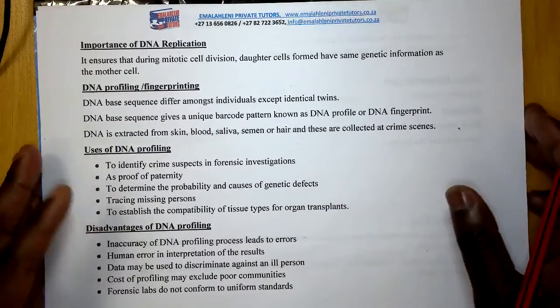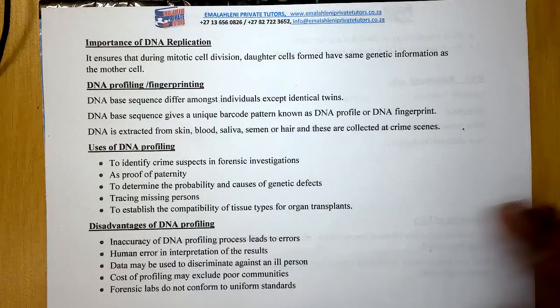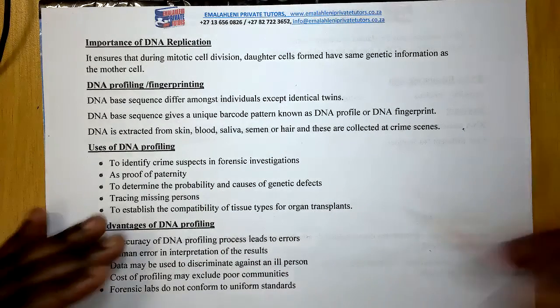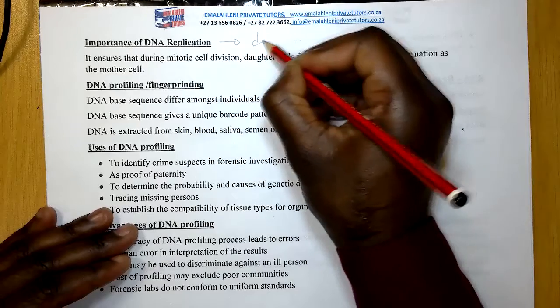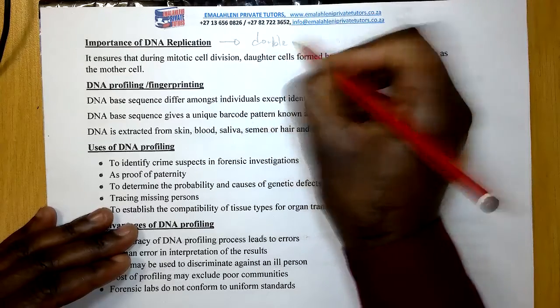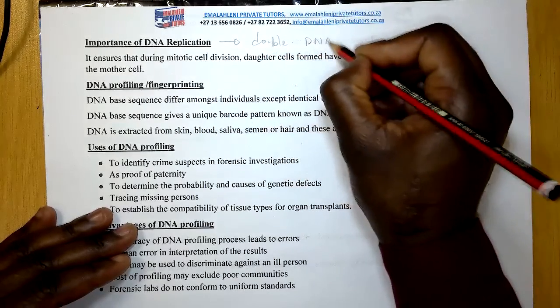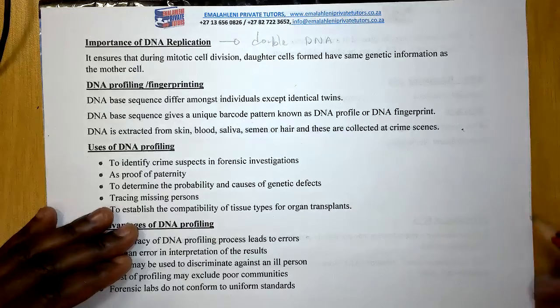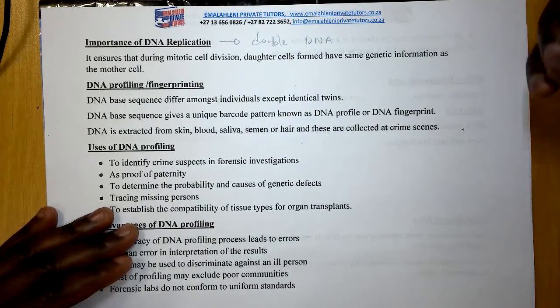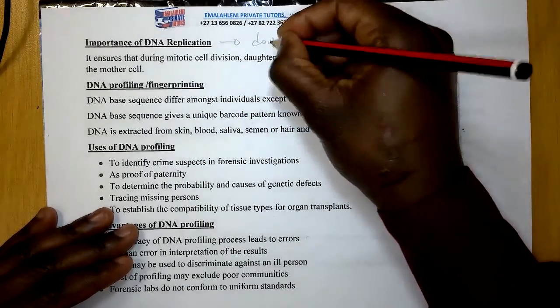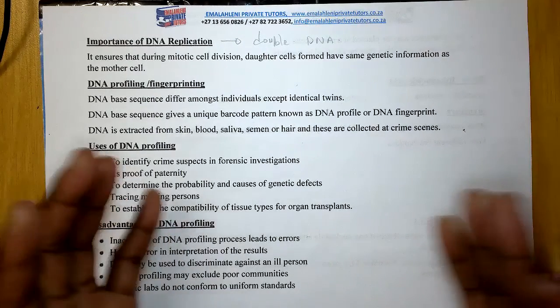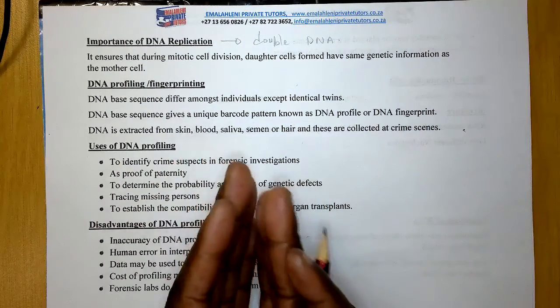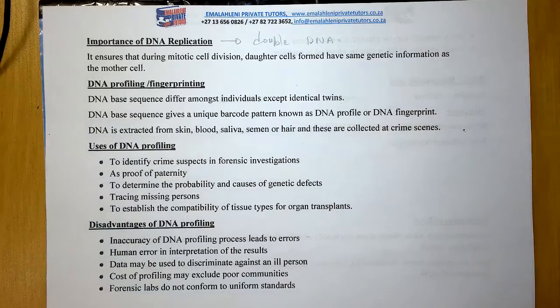Now, what is the importance of DNA replication? Replication doubles the DNA. When it doubles the DNA, it ensures that the daughter cells, when they split during mitosis or during meiosis, will have enough DNA for each of the daughter cells.